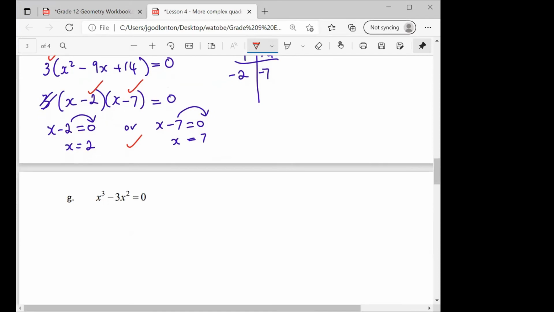First goal here is look for your highest common factor. Second goal, can we factorize further? And then find your values for x.